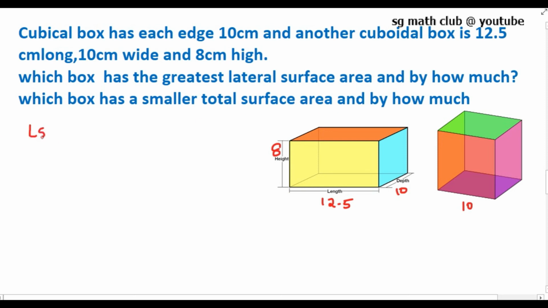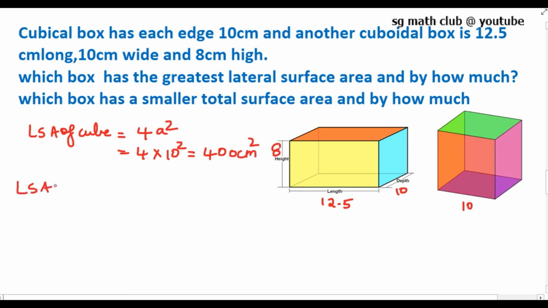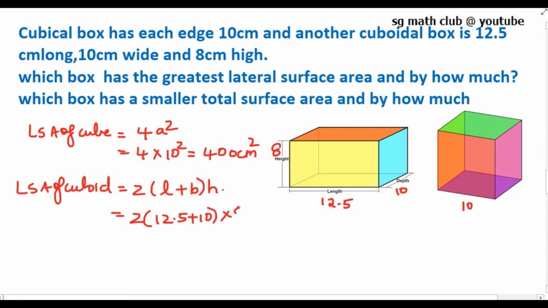So first I'll find LSA of cube. LSA of cube is 4a square, which is equal to 4 into 10 square, which is equal to 400 centimeter square. Now I'll find LSA of cuboid. The LSA of cuboid formula is 2 into (L plus B) into H, which is equal to 2 into (12.5 plus 10) into 8, which is 2 into 22.5 into 8, that is 360 centimeter square.